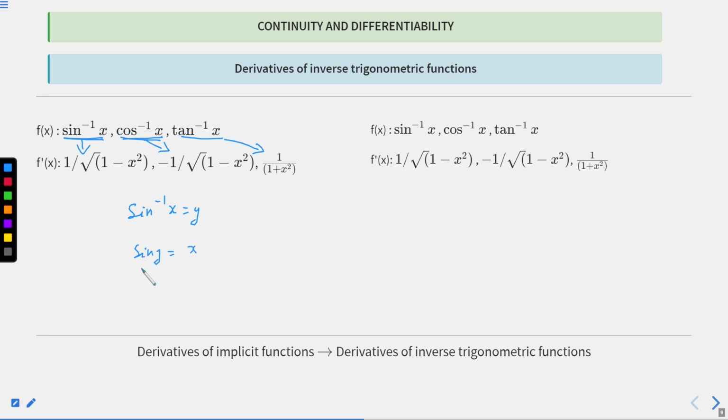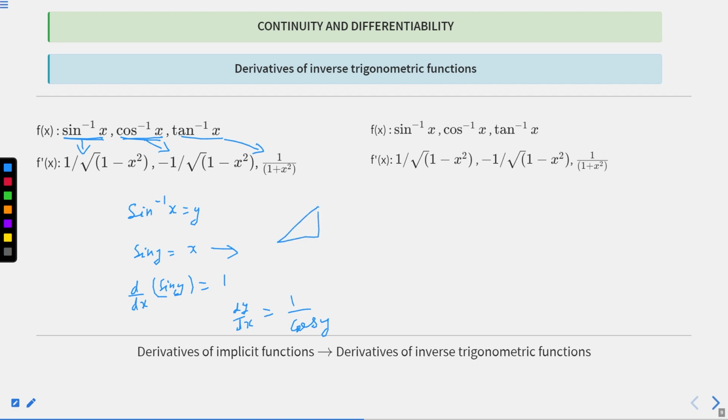Now differentiate it. The derivative of sin y: since you have a y expression, the derivative with respect to y gives cos y, multiplied with dy over dx. That's it, and the right side gives 1. So dy/dx is 1 by cos y. Now how are you going to find cos y? As you know, sin y is x. So this means you will have what?